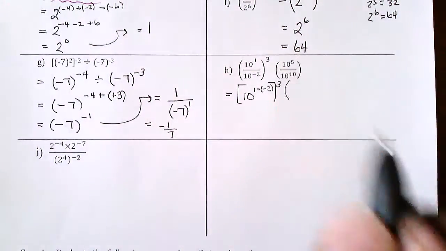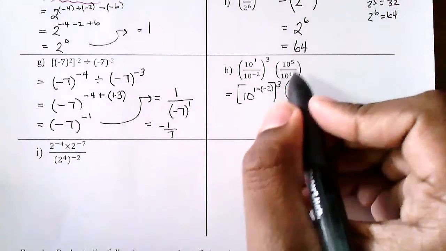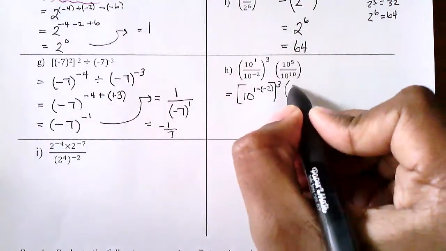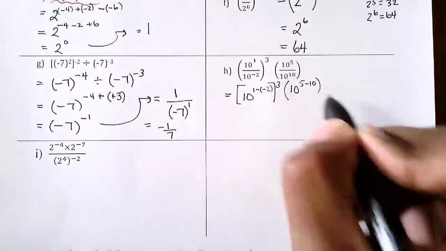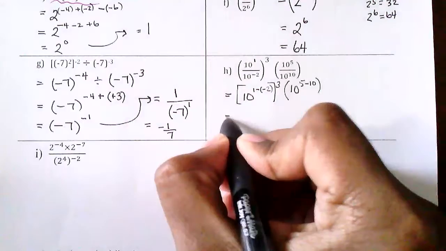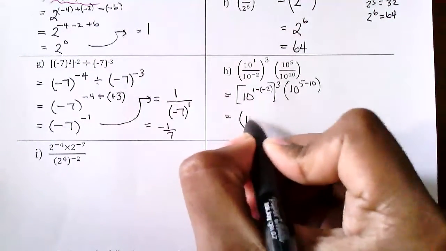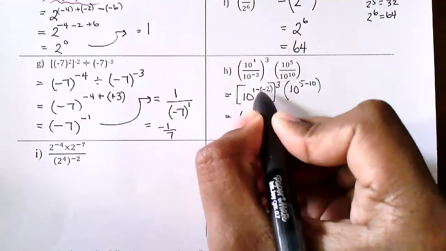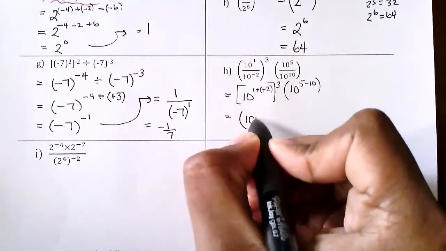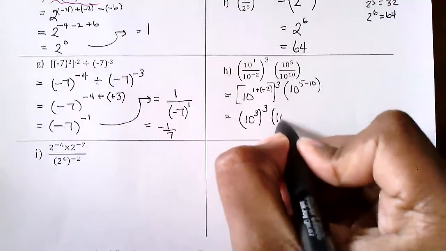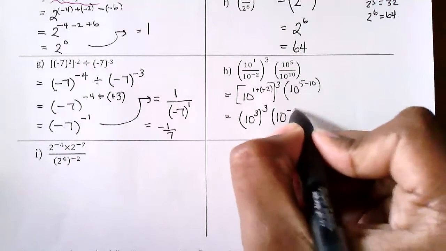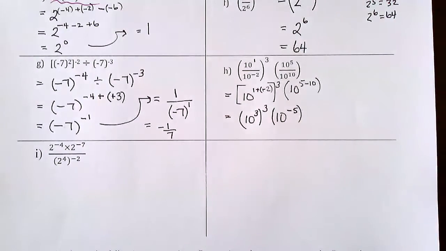And in this bracket, I have 10 to the 5 divided by 10 to the 10. So again, copy the base and subtract the exponents. So what I'm left with in this bracket is 10 to the power of 1 minus -2, which is just 1 plus 2. So 10 to the 3 to the power of 3. And here 10 to the 5 minus 10, which is -5.